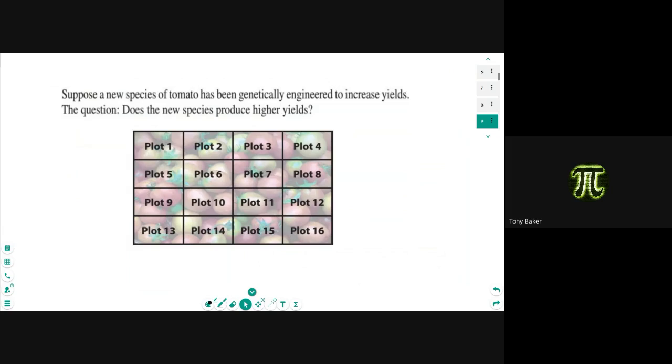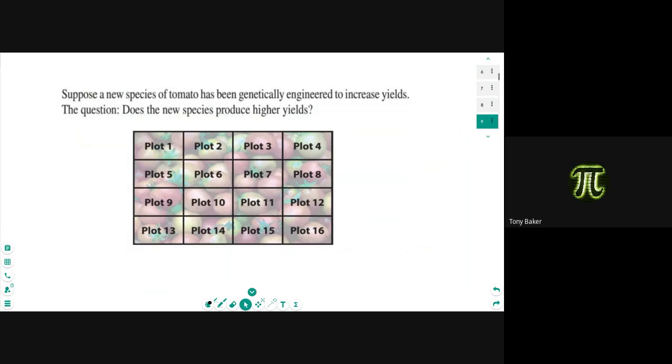You just didn't think about it because it's not done in a lab. Anytime they crossbreed things, that's genetic engineering because they're picking specifically to increase yield. So the reason we have so much corn and wheat and all that other stuff is because they've done these types of things. Totally off topic. Does the new species produce higher yields?